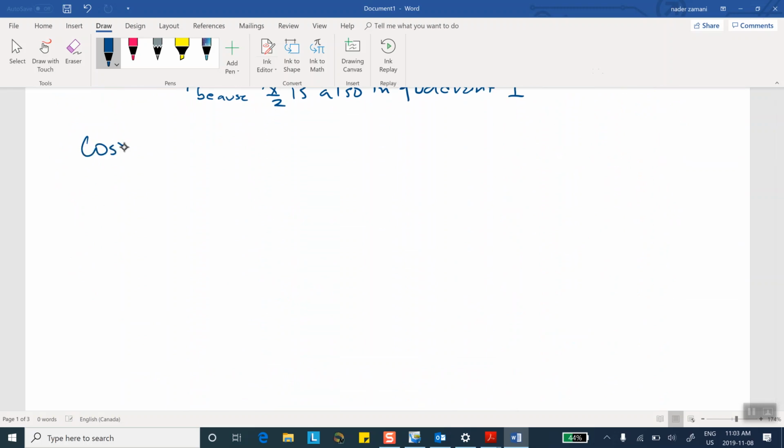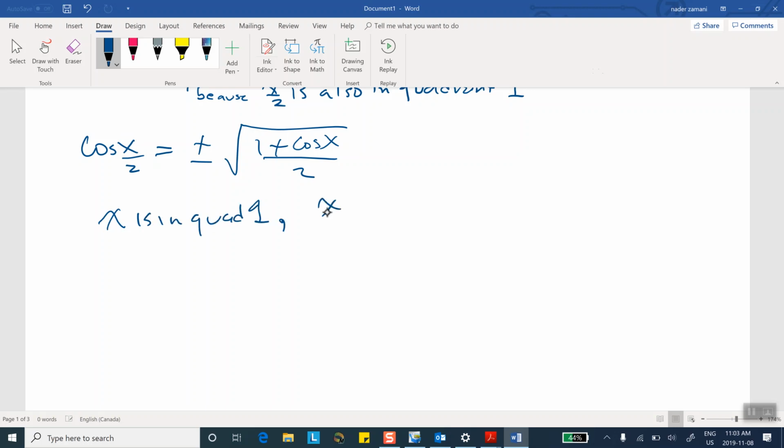Now, cosine of x over 2, when you look at the half angle formula, is also plus or minus square root of 1 plus cosine of x, divided by 2. And once again, because x is in quadrant 1, x over 2 is also in quadrant 1. Therefore, the cosine of x over 2 must be positive.